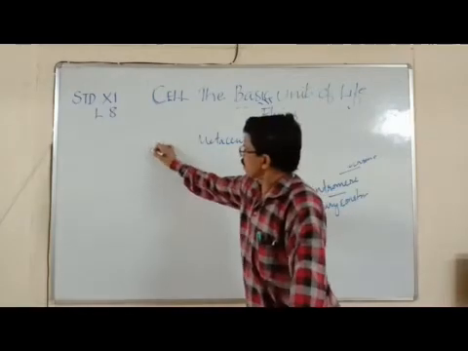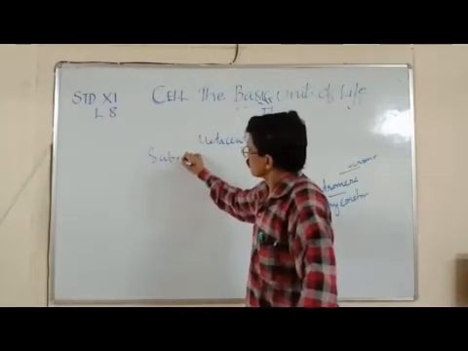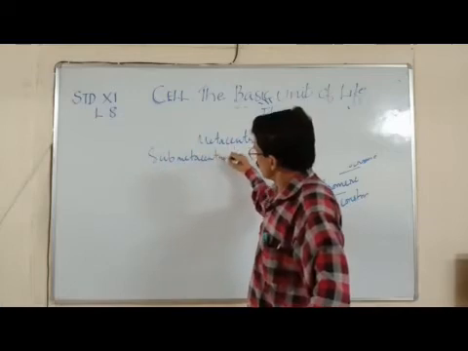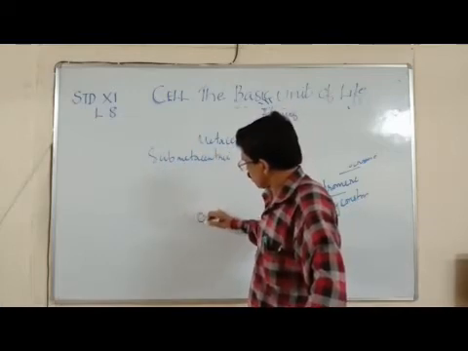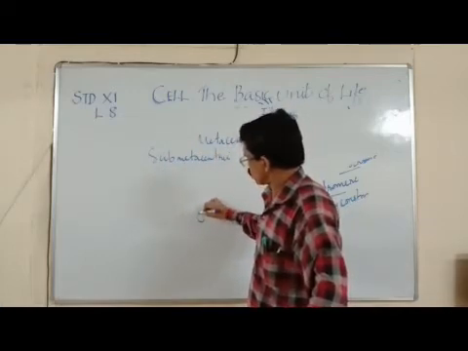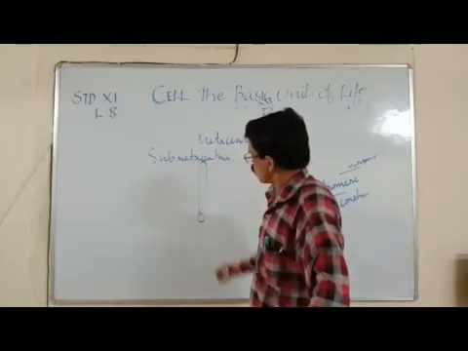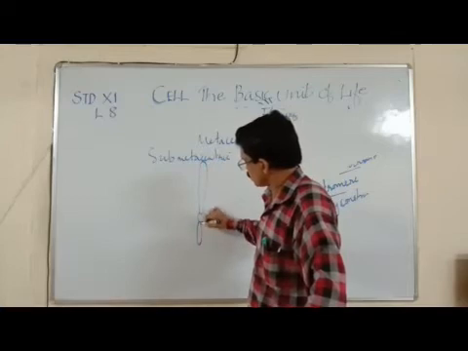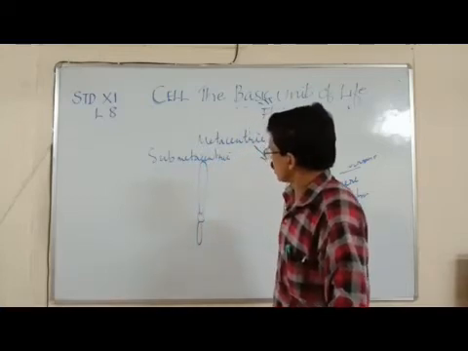In submetacentric, the centromere is to one side. So one arm, one segment of the chromosome, is long and the other is small.